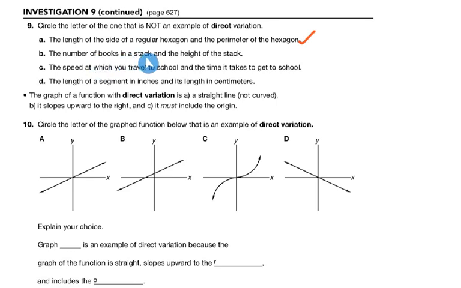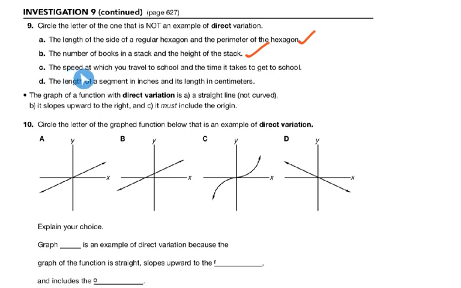Number of books in a stack and height of the stack. Well, as the number of books increases, would the height increase? As the number of books decreases, would the height decrease? That would be true, so this is a direct variation. Okay, speed at which you travel to school and time it takes to get to school.